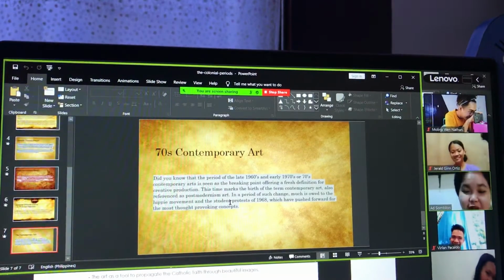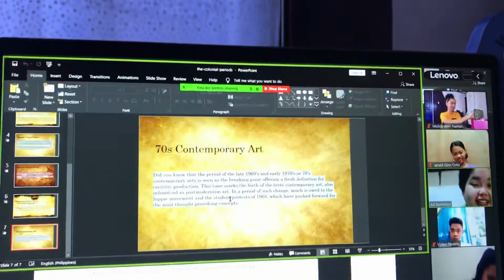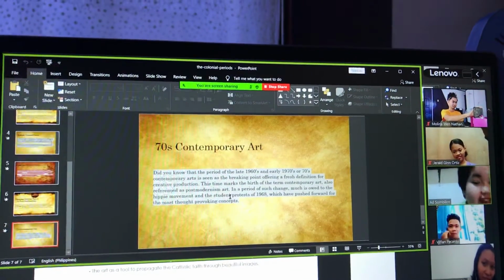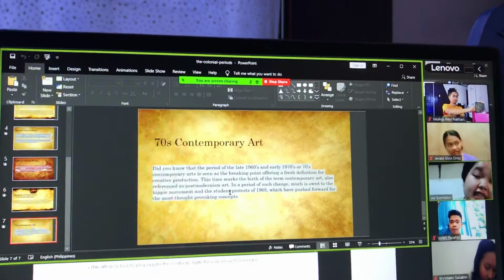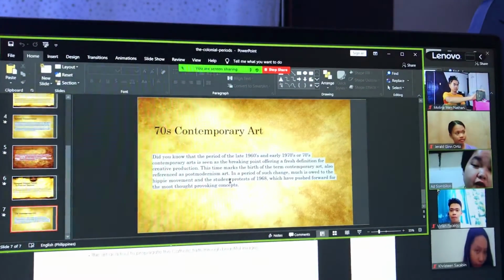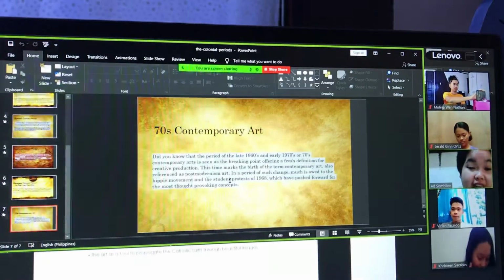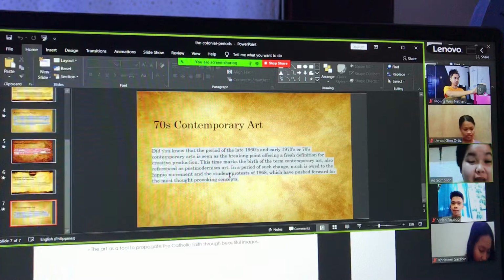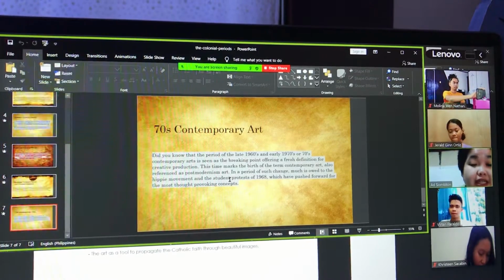Good morning, everyone. Did you know that the period of the late 1960s and early 1970s, commonly known as 70s contemporary arts, is seen as the breaking point of offering a fresh definition for creative production? This time marks the birth of the term contemporary art, also referenced as postmodernism art.